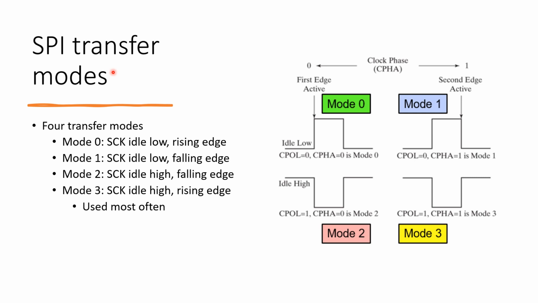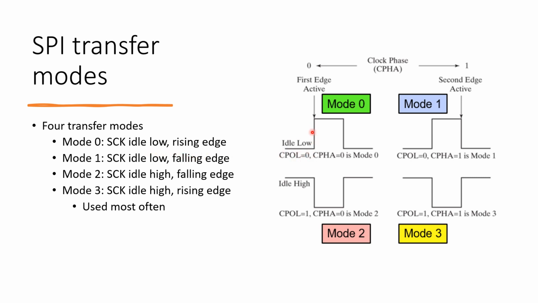There are 4 SPI transfer modes. You have mode 0, mode 1, mode 2 and mode 3. It is called the polarity and phase. This determines which edge is the active edge of the clock, or when the data should be sampled by your slave. So when the mode is 0, the clock idle is low and it's a rising edge.